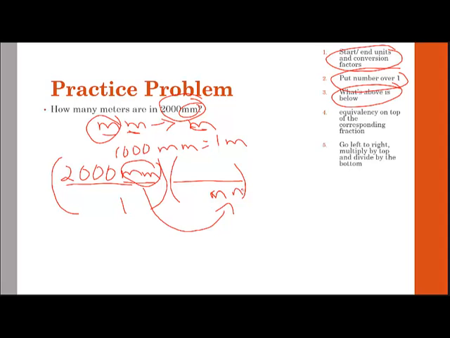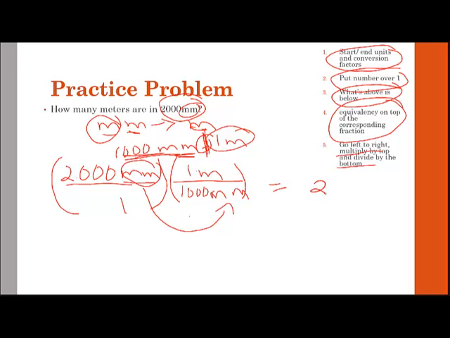Notice I looked at the units first, and then I'm going back to the conversion factor. That equal sign is the dividing line, so millimeters are here. 1,000 goes with that millimeters. That's equal to 1 meter. That will be on top. The equivalency is on the top of the corresponding fraction. Go from left to right, multiply by the top, divide by the bottom. So 2,000 times 1 divided by 1,000 is 2.